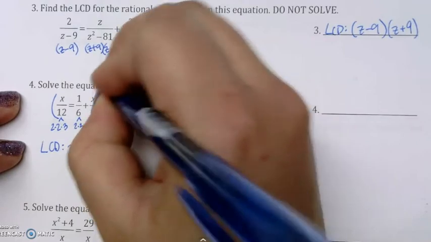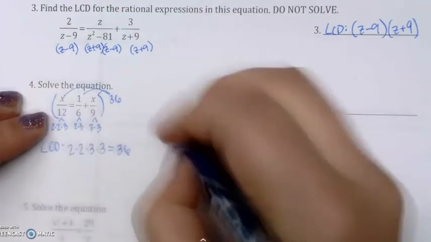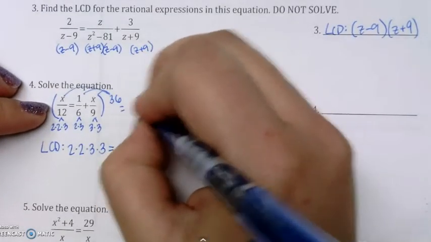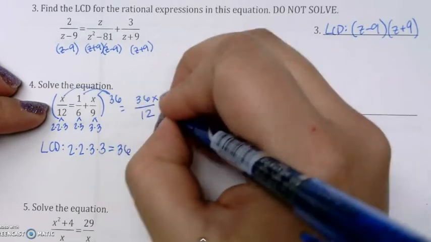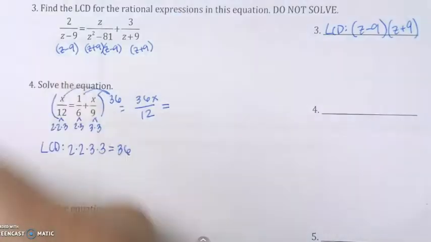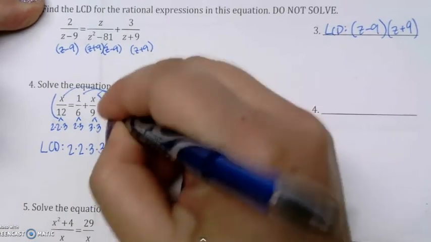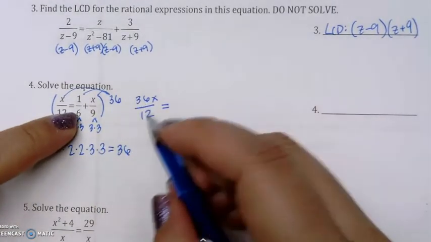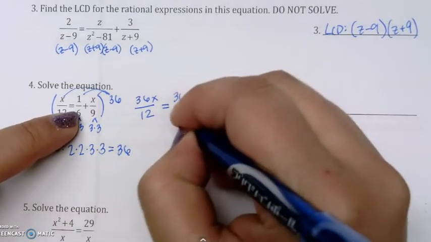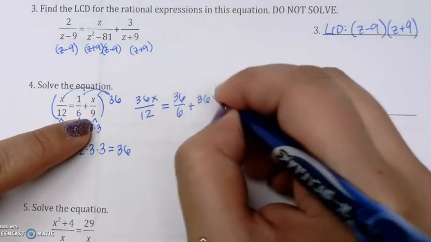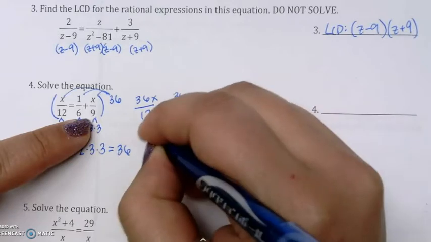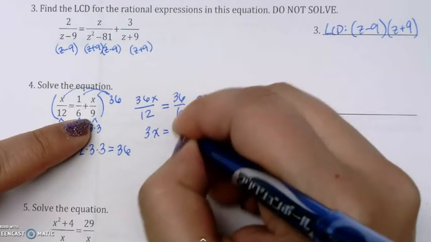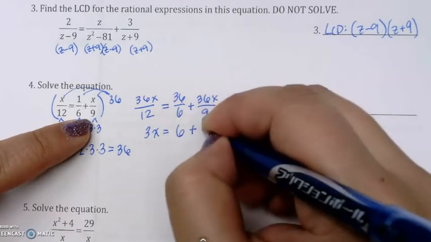Multiplying each term by 36, I get 36x over 12 equals 36 over 6 plus 36x over 9. So we get 3x equals 6 plus 4x.